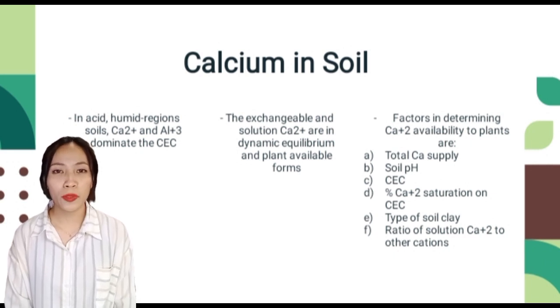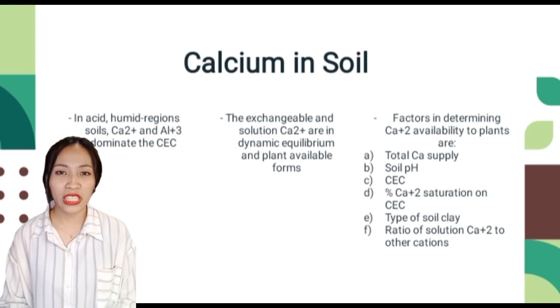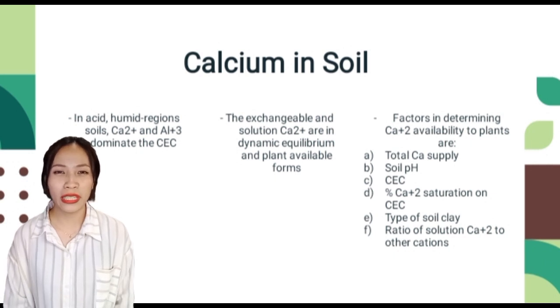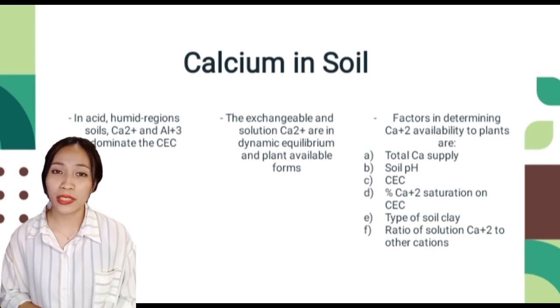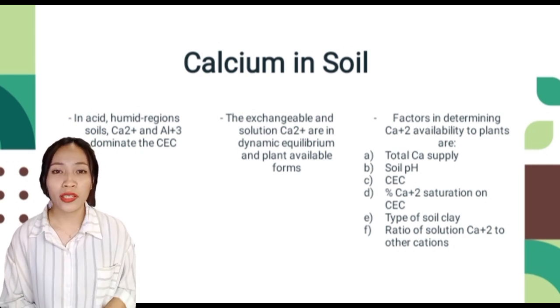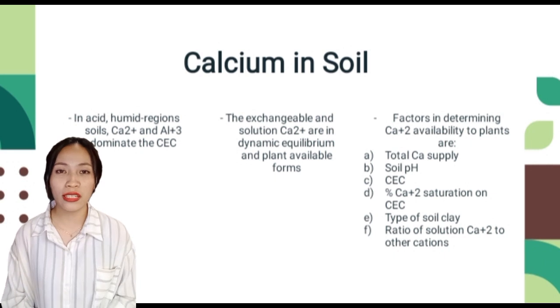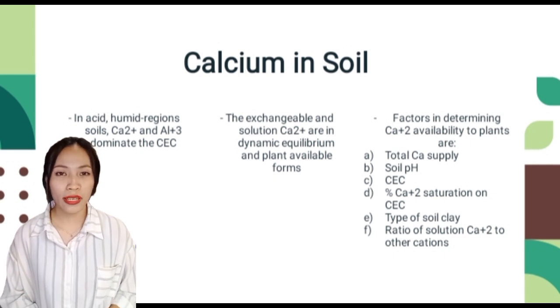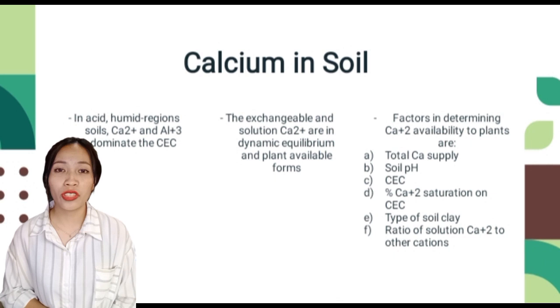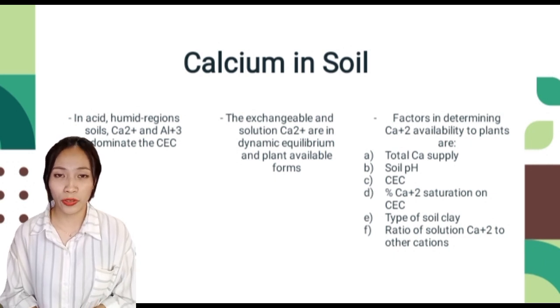The most important factors in determining Ca2+ availability to plants are total Ca supply, soil pH, CEC, the percentage of Ca2+ saturation on the CEC, type of soil clay, and the last one is the ratio of solution Ca2+ to the other cations.